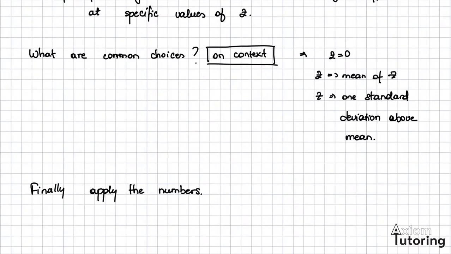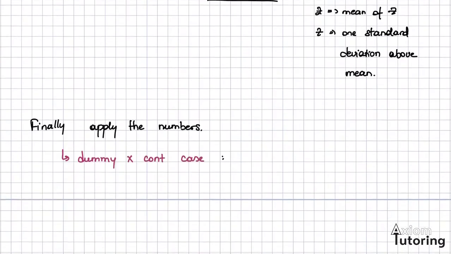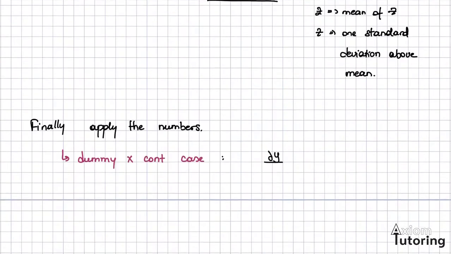So in the case of the dummy times continuous case, what will happen is that your partial derivative, delta y with respect to delta x, is going to be beta 1 plus beta 3 d.